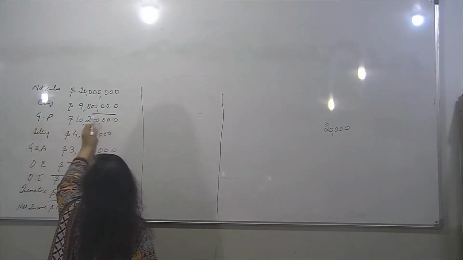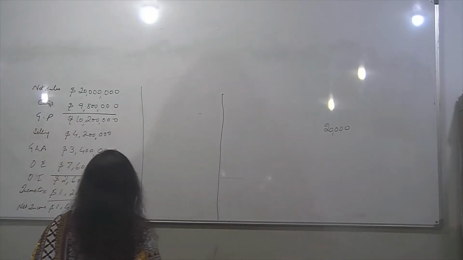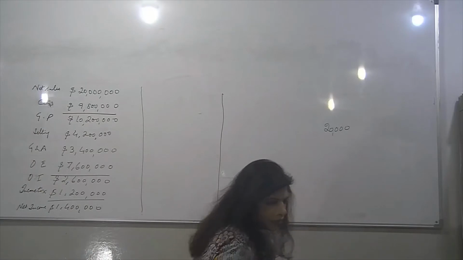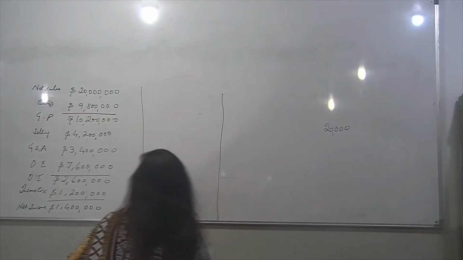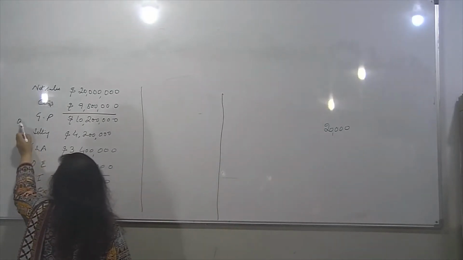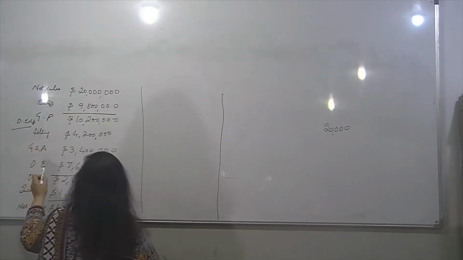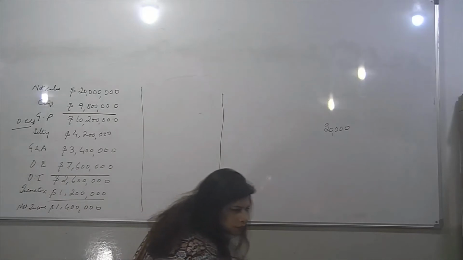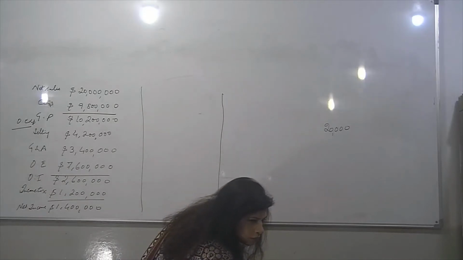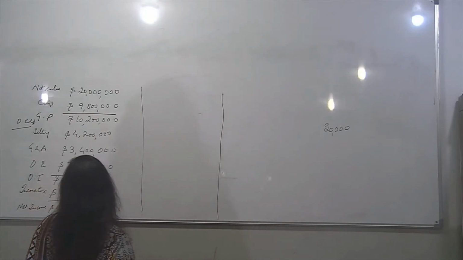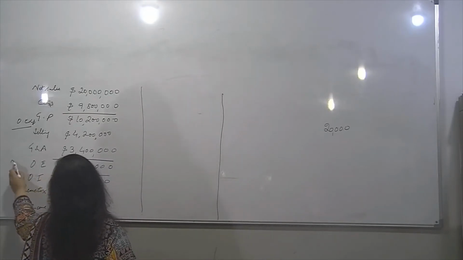This is gross profit, and we have then operating expenses as selling. So these are our operating expenses as selling, G&A, and then we have the total operating expense as 7.6. This is the total.